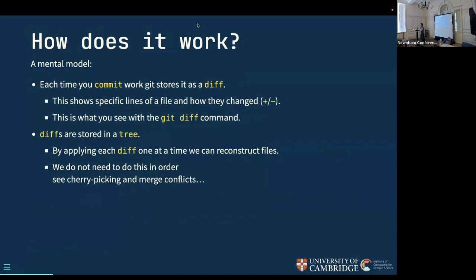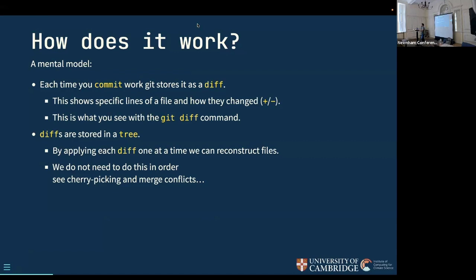So in terms of how Git works, there's a mental model and then there's the actual model. And as with many things in science, climate science, wider science, it's often useful to have this mental model to think about that wider, more complex thing.